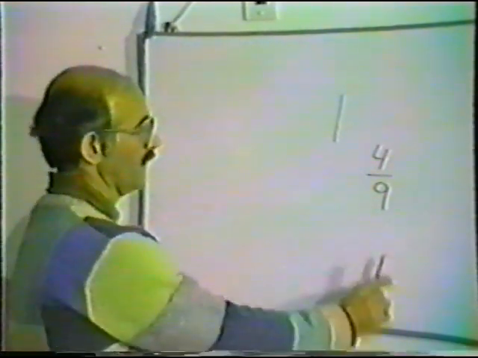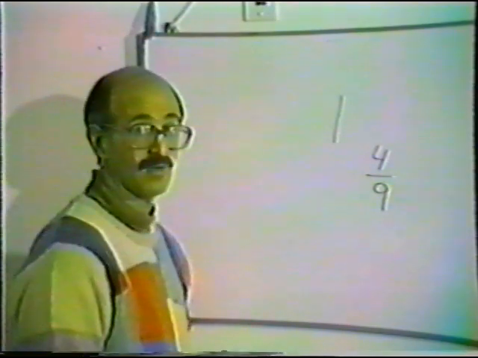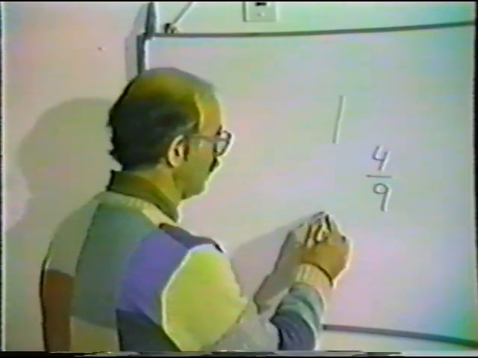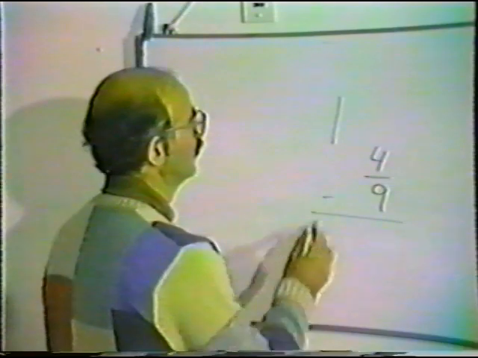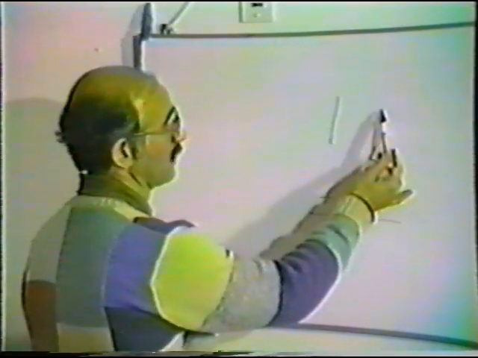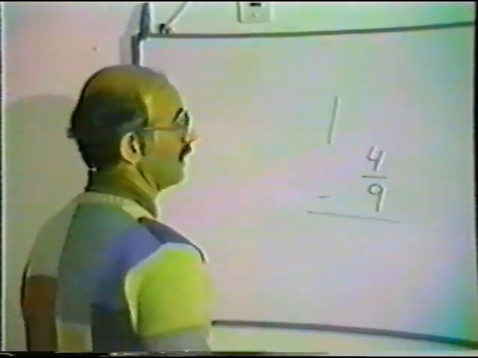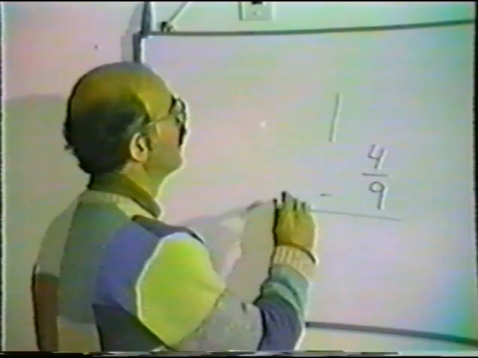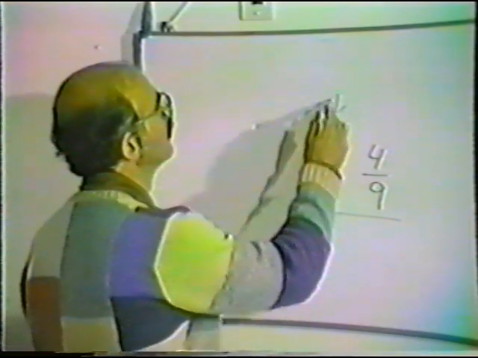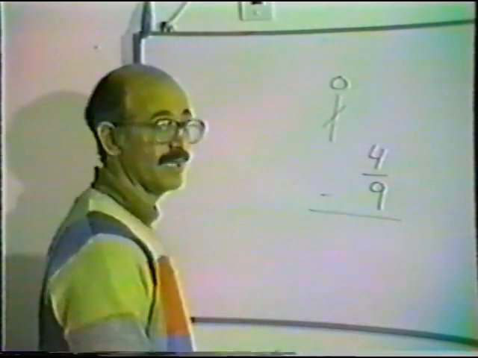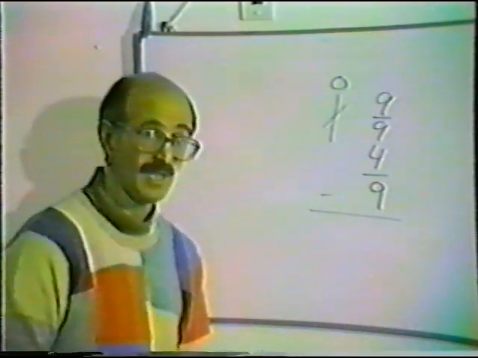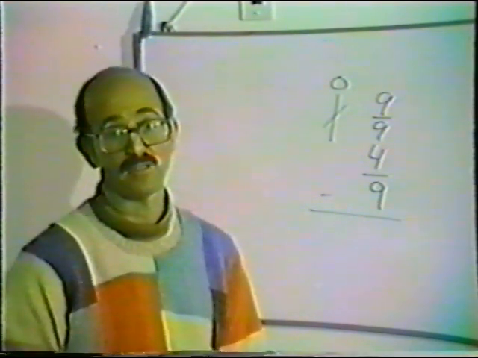Because if 4/9 of them were girls, then all the rest of them were boys. Well, we have one whole group. If we try and subtract, 0 take away 4/9, can't do. So we have to borrow. The 1 becomes a 0 so that we can have 9/9.